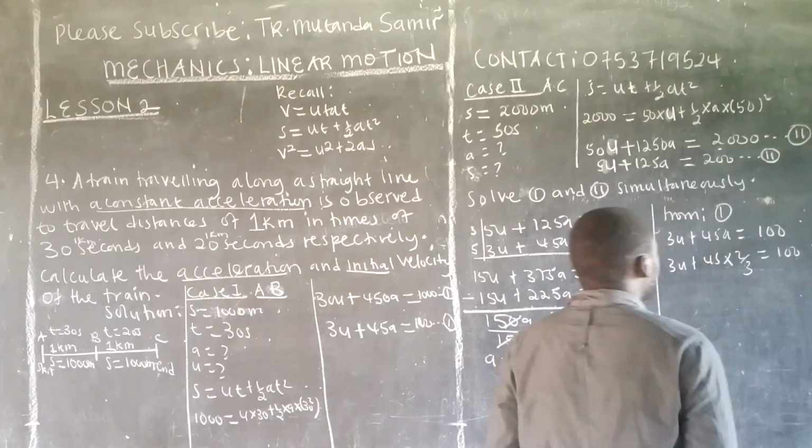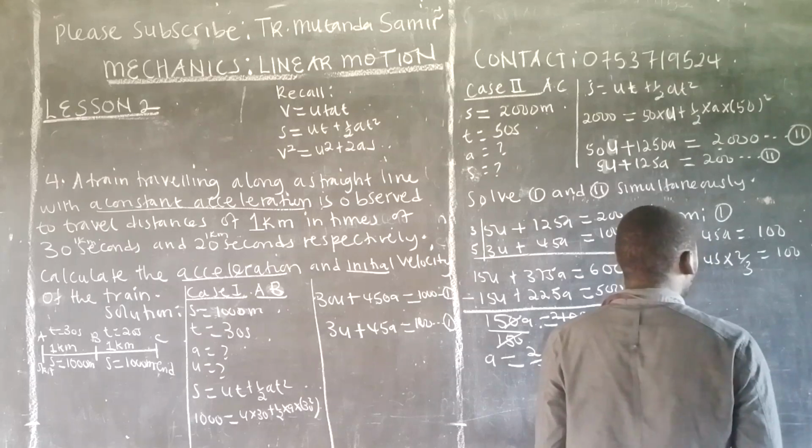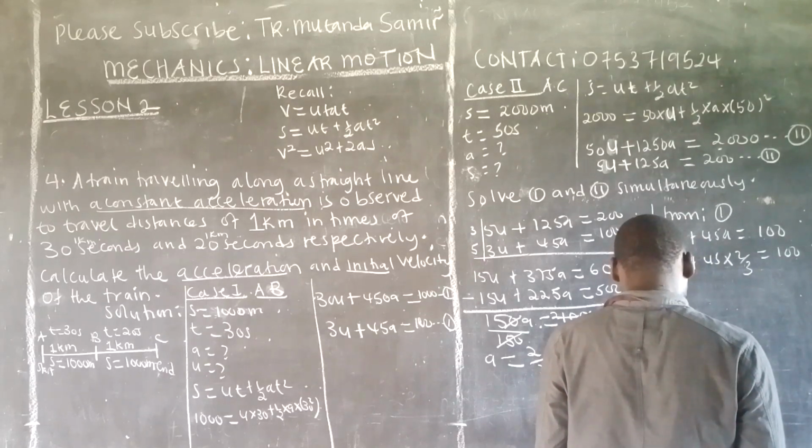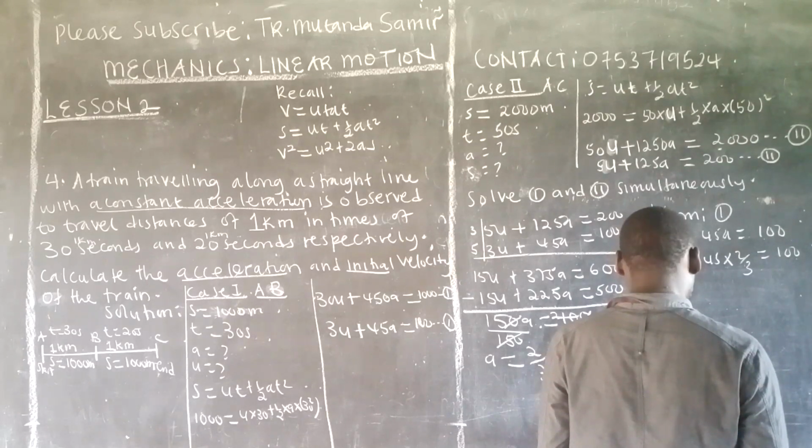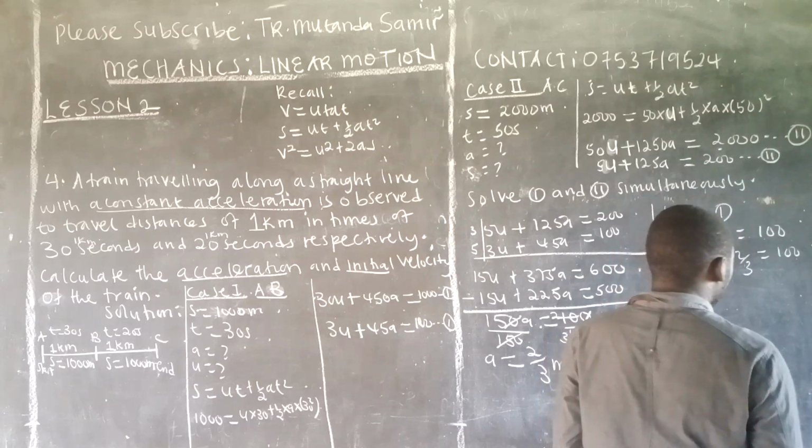Let us proceed. You realize that we shall now have 45 times 2 over 3. This will just give us 30.